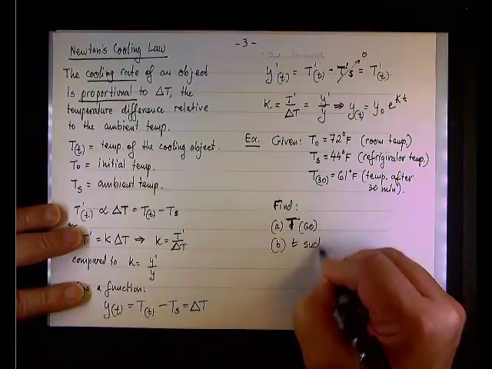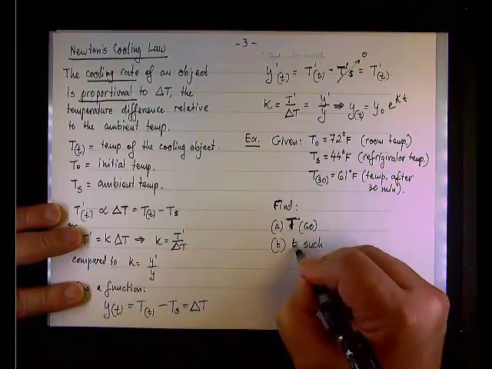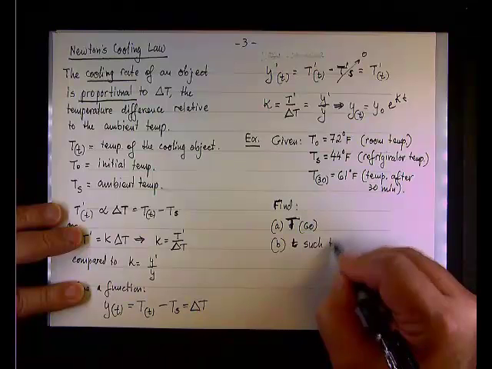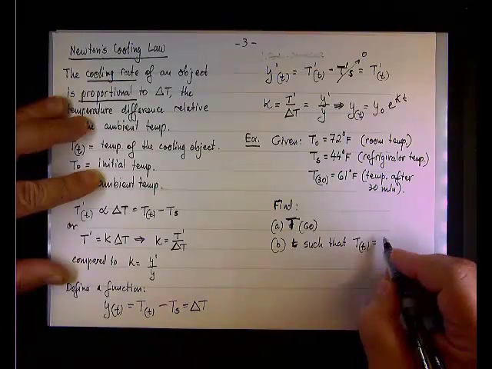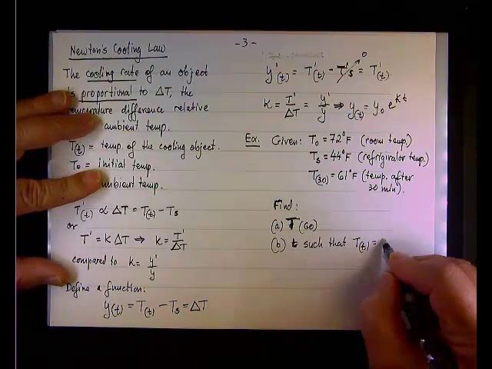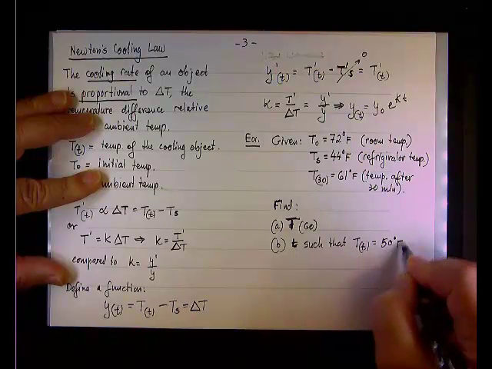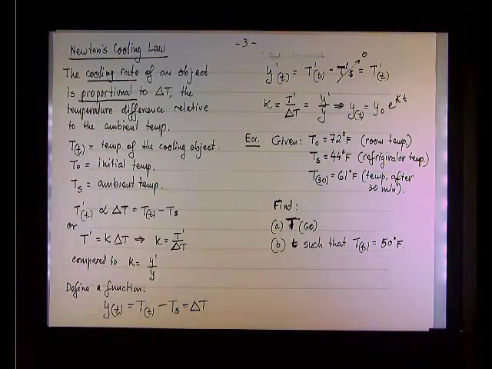That will be the first thing. And then we need to find the time, lowercase t, such that the temperature of the bottle T of t has dropped down to, let's say, 50 degrees Fahrenheit.